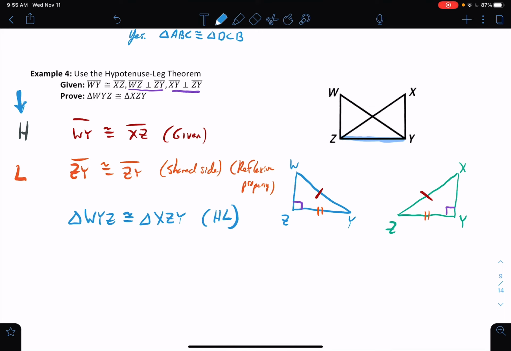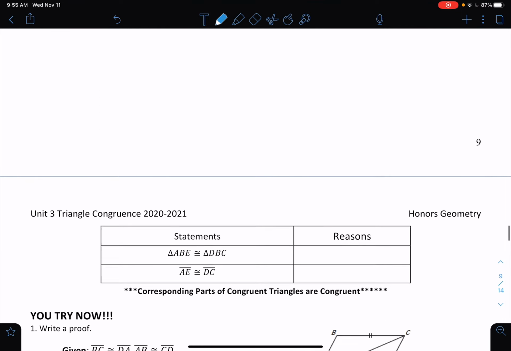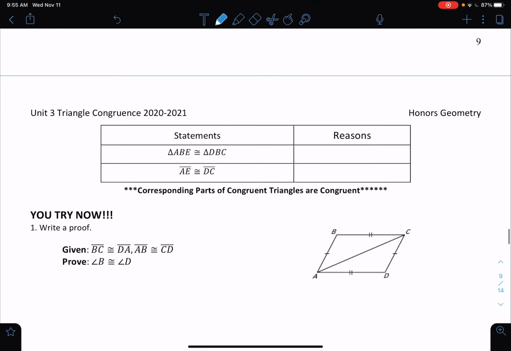Okay? So, next up, last little statement before we move on. So, if we prove that 2 triangles are congruent, so like, for example, if I prove that triangle ABE is congruent to triangle DBC, and my reasoning is either side, side, side, or hypotenuse leg, or one of the theorems we'll deal with in a future video. So I'm just writing these down for right now. You don't know what these are, but that's okay.